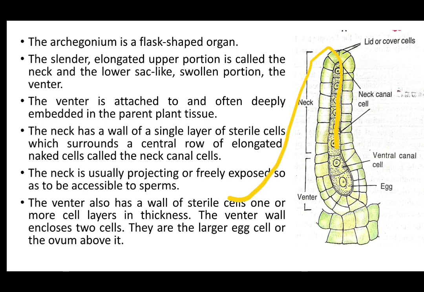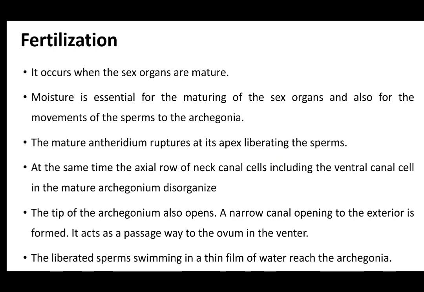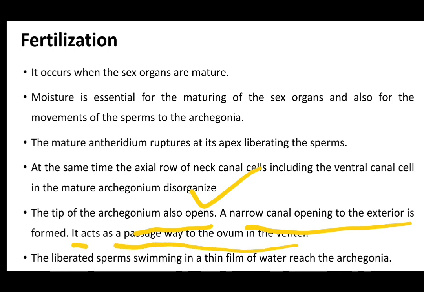So the neck canal cells as well as the ventral canal cell have to degrade to facilitate the movement of the sperm. Then the tip of the archegonium also opens. A narrow canal opening to the exterior is formed and acts as a passageway to the ovum in the interior venter.